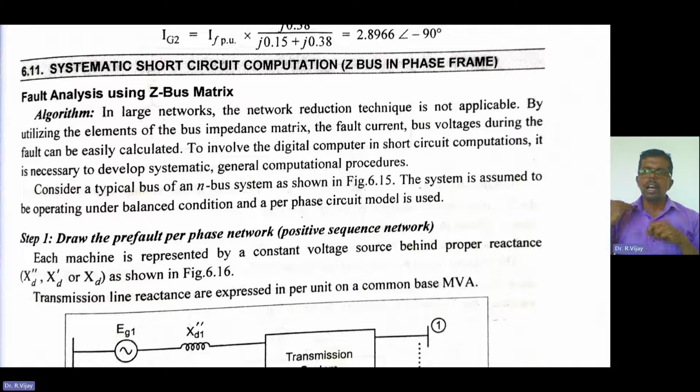We have already solved many problems on that. But the network reduction is not possible in a large network.